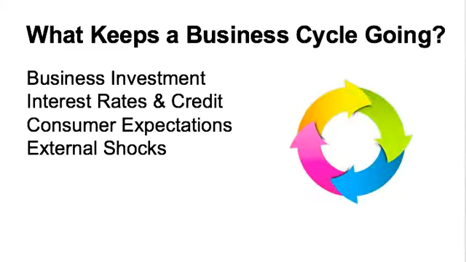And then sometimes other things that can move a business cycle is an external shock. External shocks are unpredictable. When we had the hurricanes take place down in Texas and down in Florida, or when there are terrorist attacks, that is an external shock. When 9/11 happened in New York City, that was an external shock.